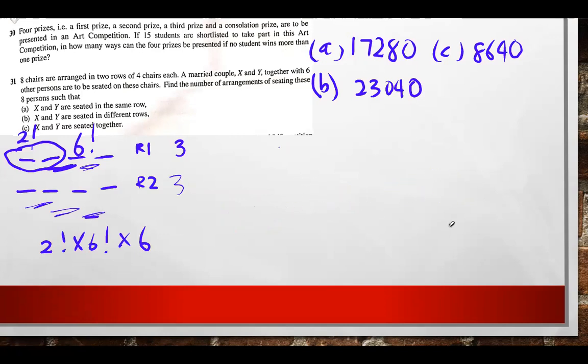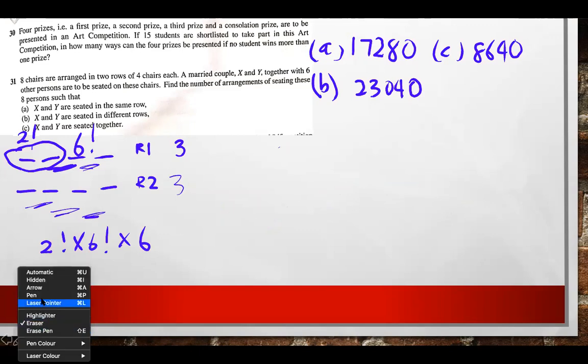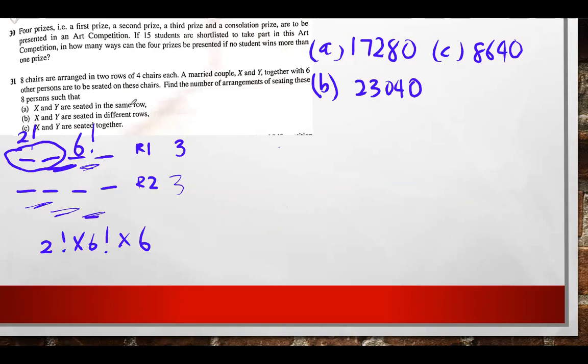Okay, but yeah. So for the first question, x and y seated in the same row. Now if x and y are seated in the same row, I noticed that quite a number of you did it very well. So you see that if they're in the same row, that means there are 4 places and you want to choose 2.